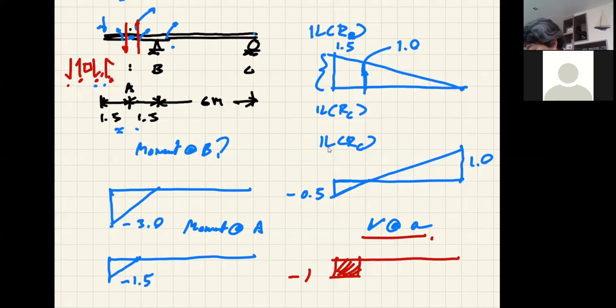So let us try to see what's going to happen if we use Muller-Breslau with the indeterminate structure. Now, you need to have a pretty good understanding of deflection. So let's consider this kind of beam.